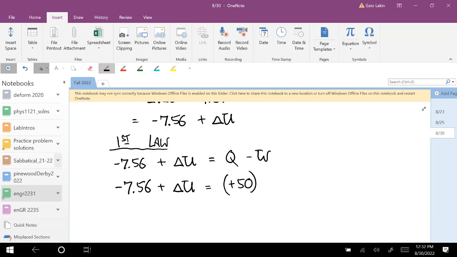And it says 100 joules of work is added to the system. If work is done to the system, is that positive or negative W? Negative W. So we have minus W. In this case, W is negative 100. Anybody want me to flesh that out a little more? Or are you getting used to this sign convention? Hopefully, little by little, it'll become sort of natural.